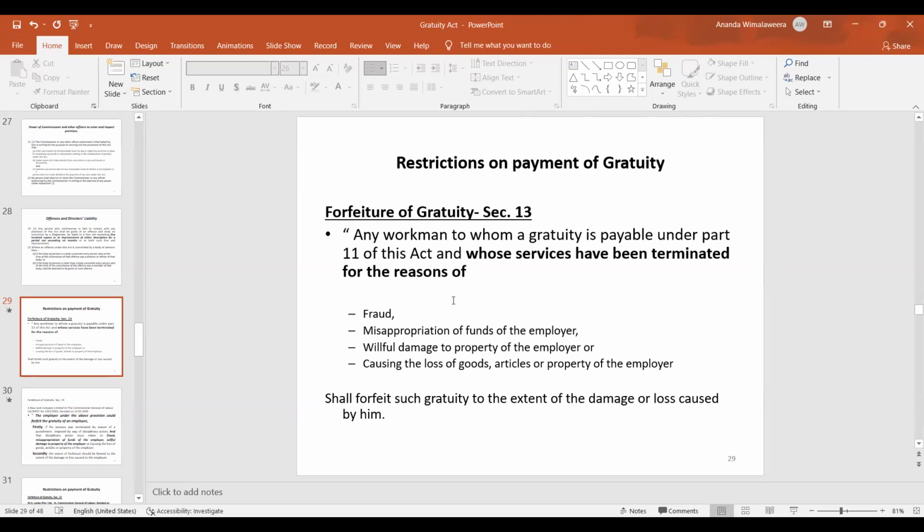Third bullet, willful damage to property of the employer, deliberate damage caused to the employer's property.